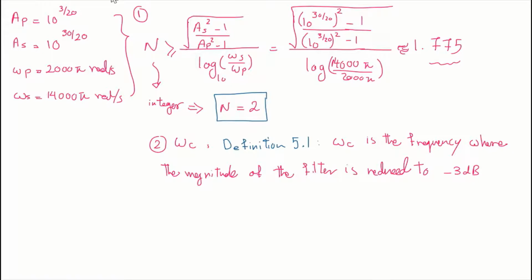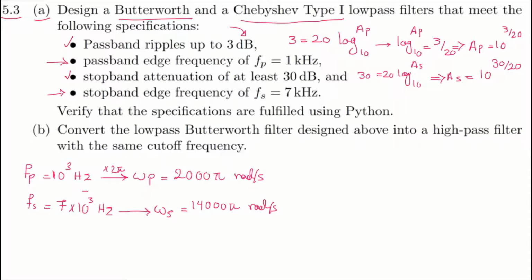We said the passband ripple is allowed to be up to 3 dB, and that means at omega p, the passband edge frequency, the magnitude of the filter is already reduced to 3 dB.